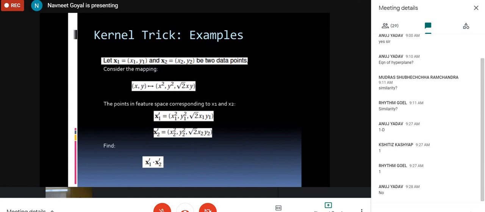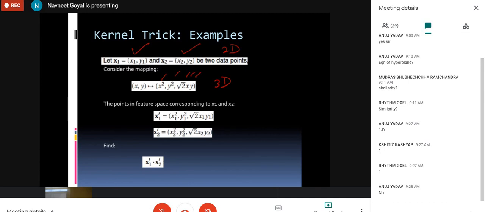All right, so you see the same example. Let x1 be (x1, y1) and x2 be (x2, y2), two data points in a two-dimensional input space. I'm now considering the mapping (x squared, y squared, root 2 xy). So what I'm doing is converting this into a 3D space.